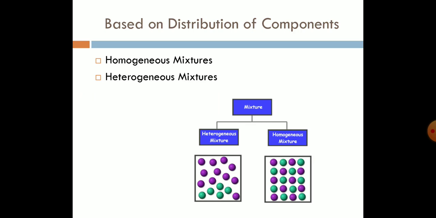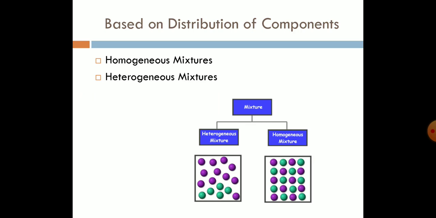Now you should first write the spellings of each five times, because it's a new spelling which is very long. You will forget the spellings easily, so you should write each five times, and only then can you memorize. So the two types of mixtures are homogeneous and heterogeneous.